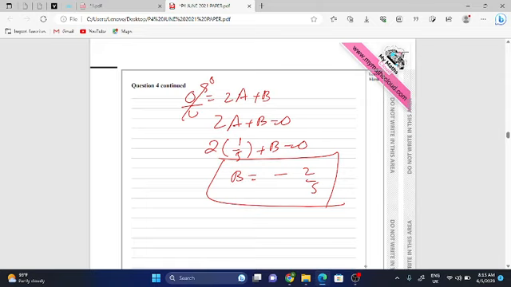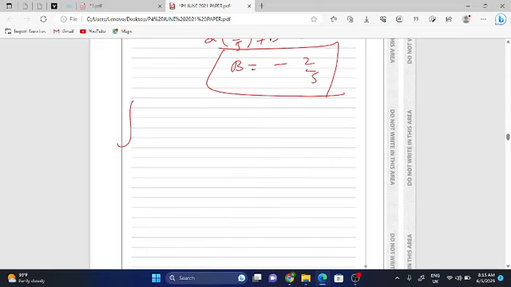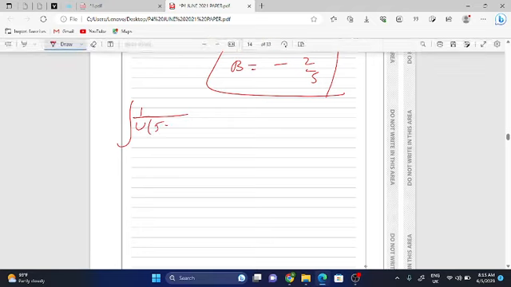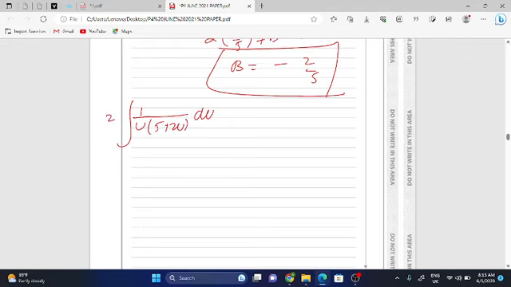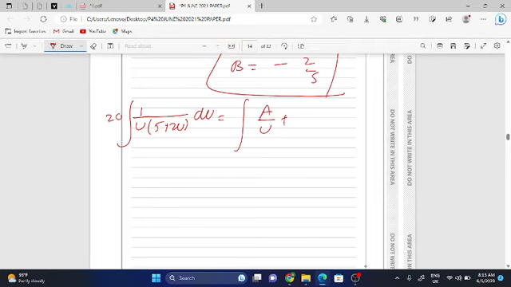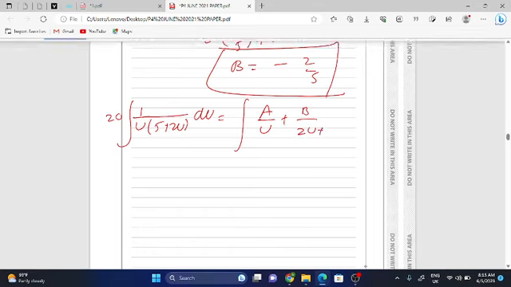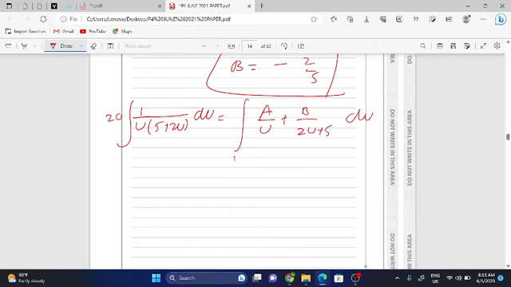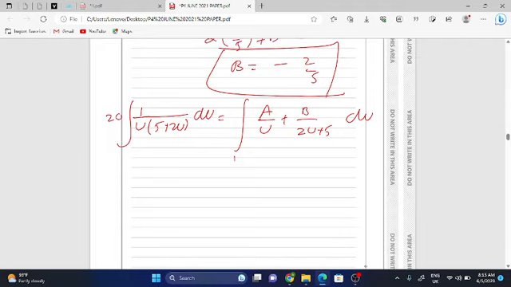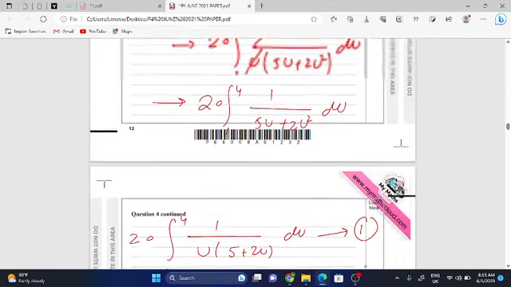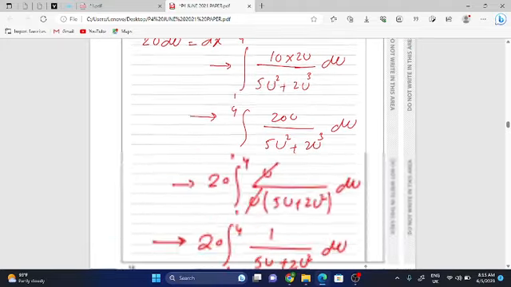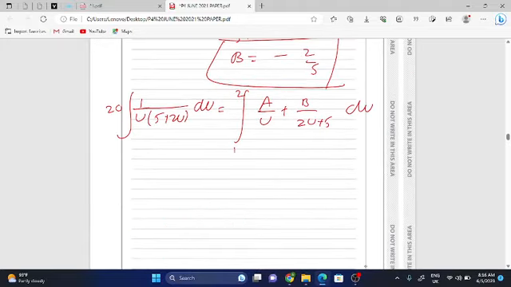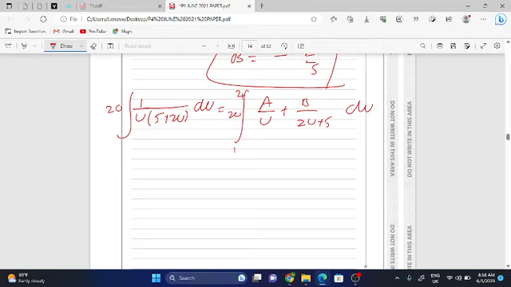So you can see the integration of 1 by u times 5 plus 2u du, and here is 20 outside, and it is equal to the integration of a by u plus b by 2u plus 5 du, and the limits are 1 to 4. Let me see. Limits are 1 to 4. And here is 20 outside.